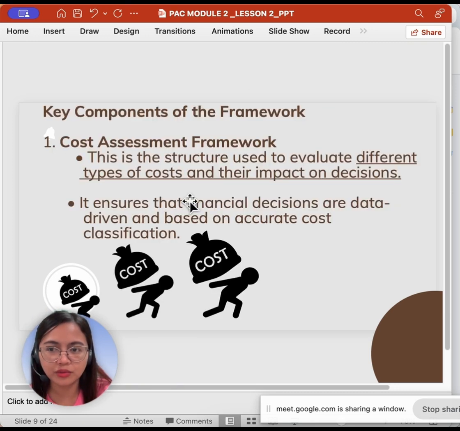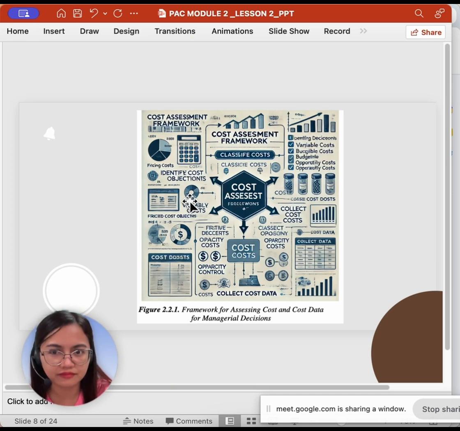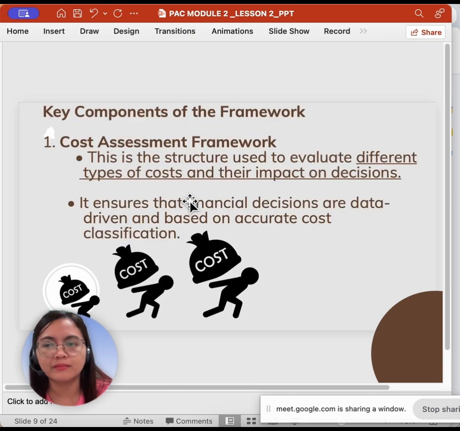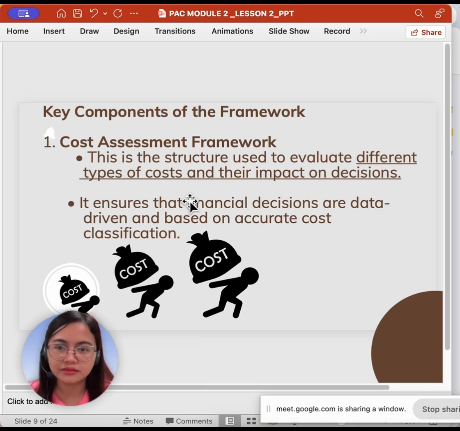And when we say cost assessment framework, first, this is the structure used to evaluate different types of costs and their impact on decisions. It ensures that financial decisions are data-driven and based on accurate cost classifications.